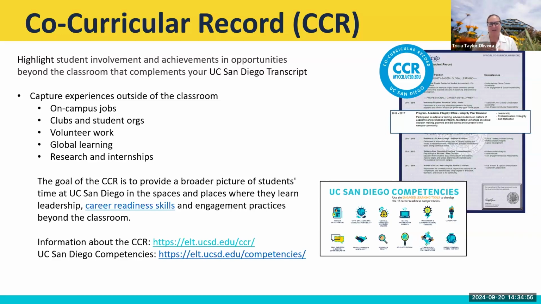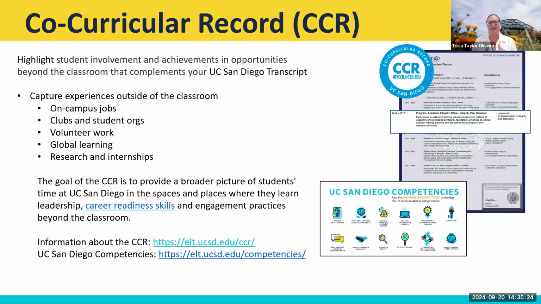So it's verifying, and this developed research ability or critical thinking skills or teamwork skills, right? So it's a way of highlighting what we call the UC San Diego competencies. There's a set of 12 competencies that our campus has identified. Competencies are skills, right? Abilities that you have that are relevant not only to one setting, but across the board.